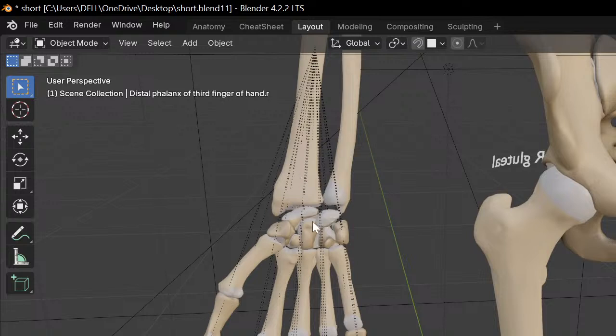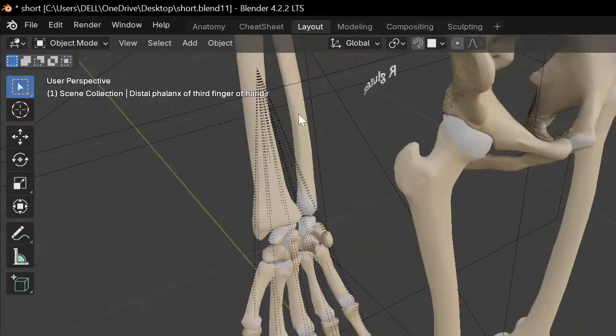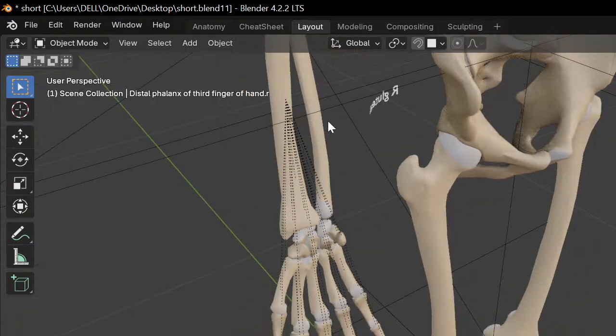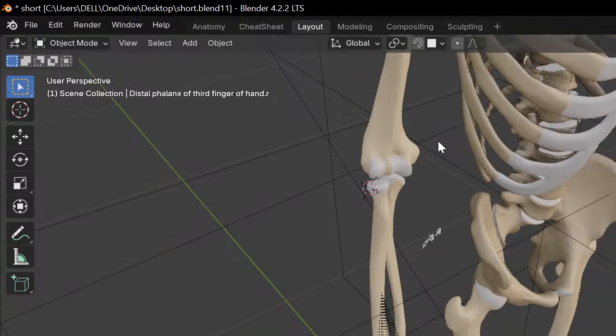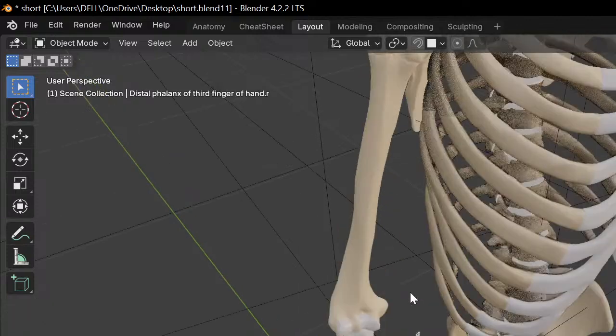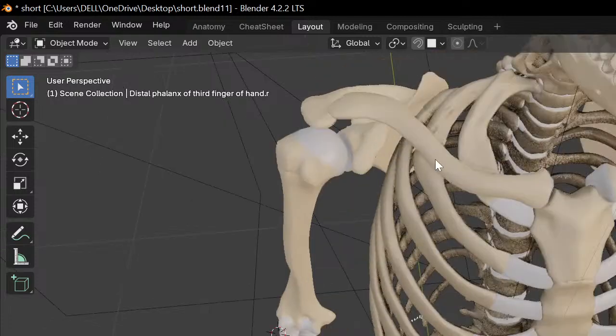Then between the radius and the scaphoid and lunate is an example of a condyloid joint. Then at the elbow, we have a hinge kind of joint. Then the shoulder joint is an example of a ball and socket joint, which allows motions in all directions.